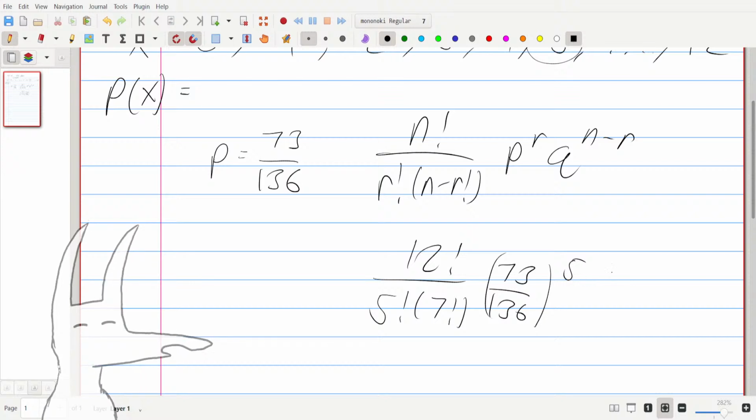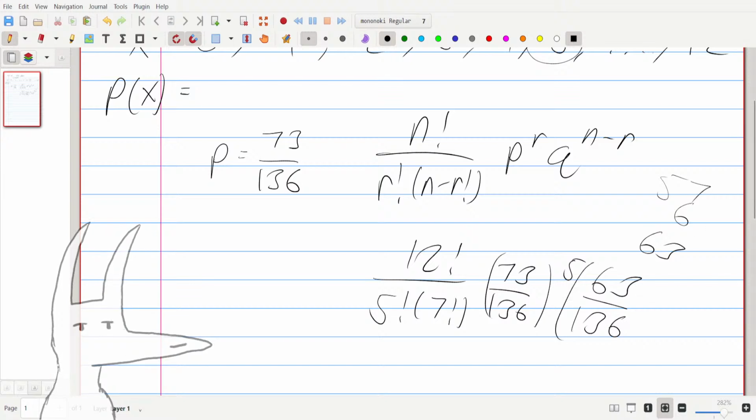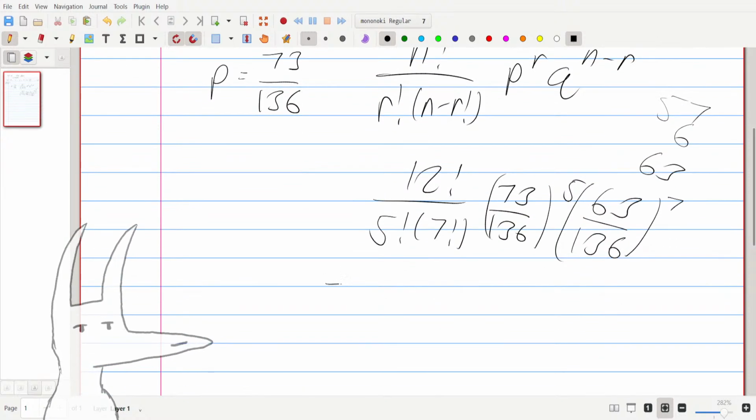Then Q is 1 minus that, which should be 63 over 136, to the power of 7. Right, so if we just calculate this, we should get the right answer, hopefully.